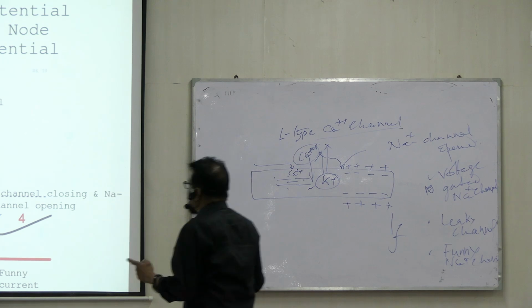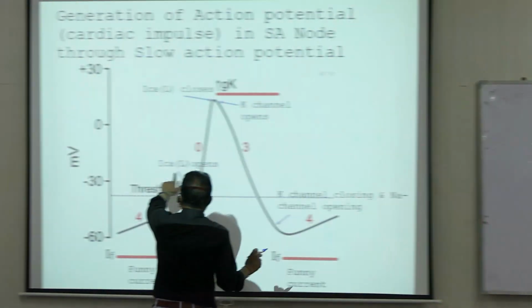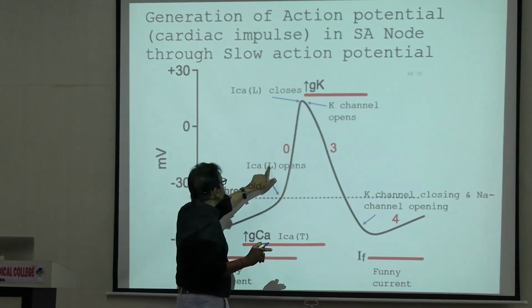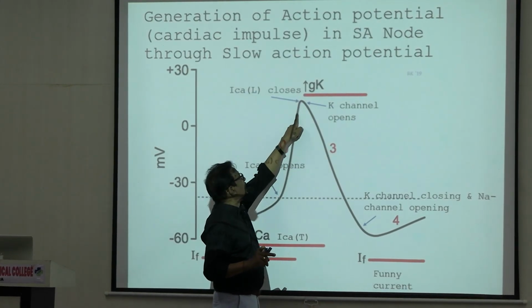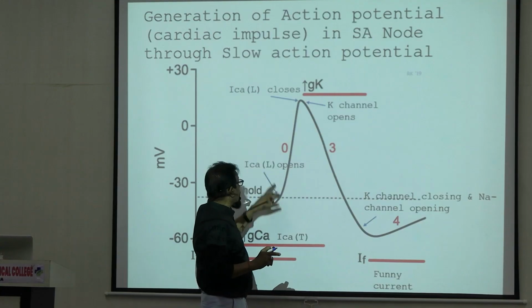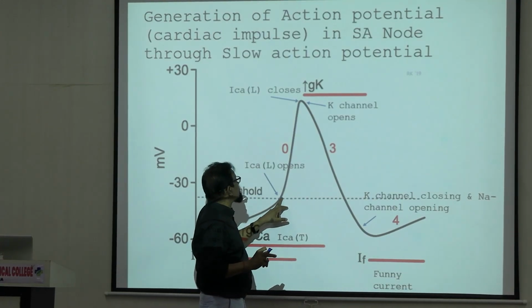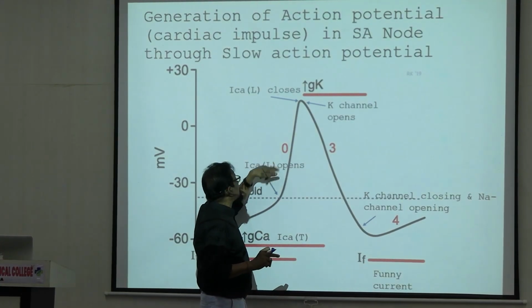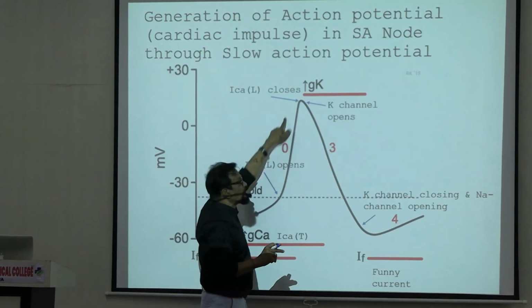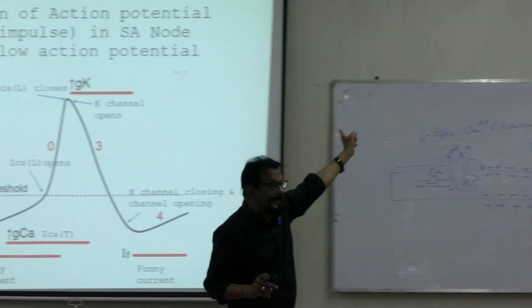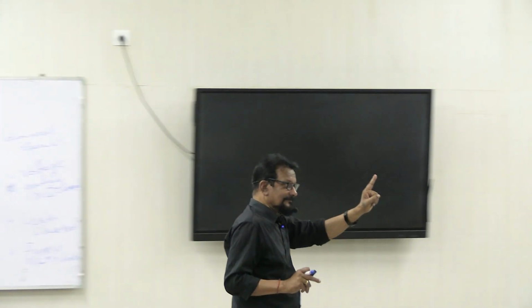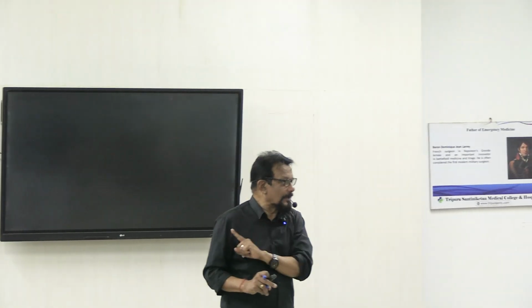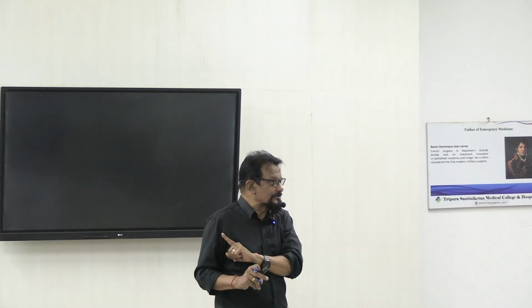Now the L type calcium channels open, so there will be a lot of calcium ion, and this calcium ion is responsible for the changes in potential during phase 0. In that case, who are responsible? In working muscle it is the sodium ion. Here, who is the responsible ion?